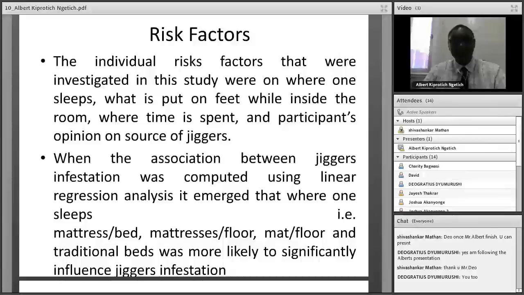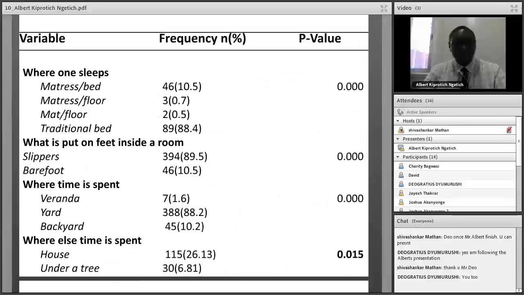The association was computed with linear regression, and you will see that where one sleeps, those with traditional beds had a higher frequency, and also what one puts on the feet while in the room, such as slippers, also has an influence.